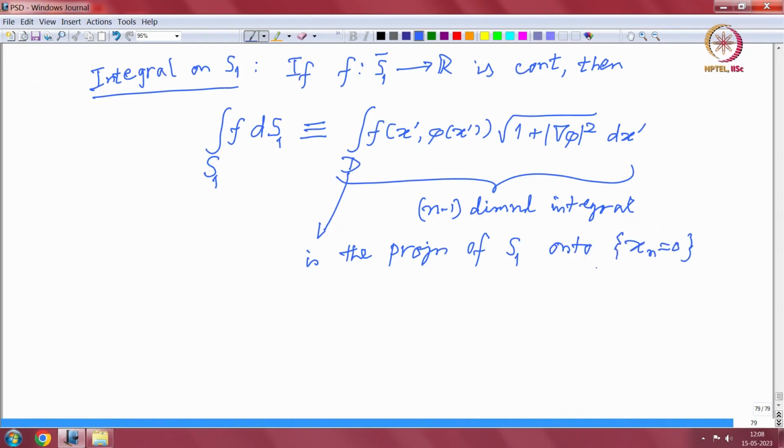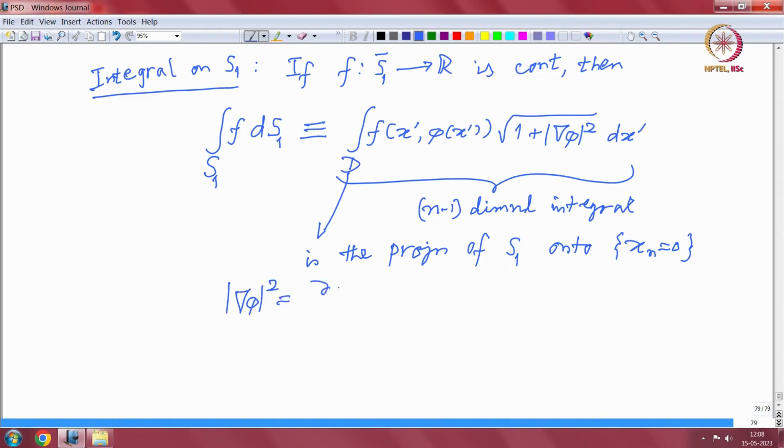Here phi is a function of n minus 1 variables, so grad phi squared is with respect to those variables. I will not explicitly write the variables every time, they may be different.